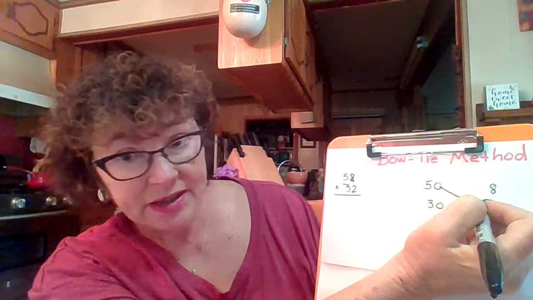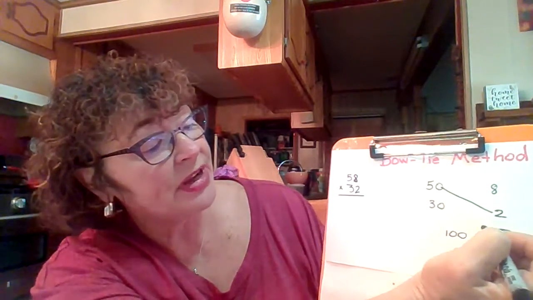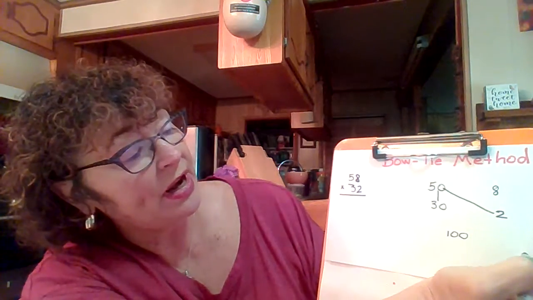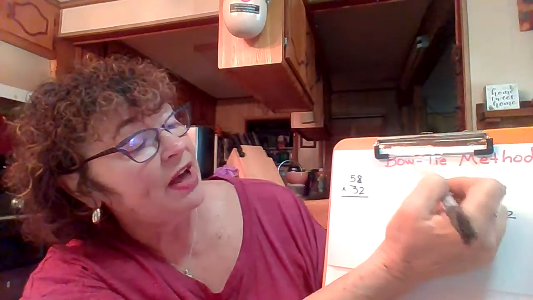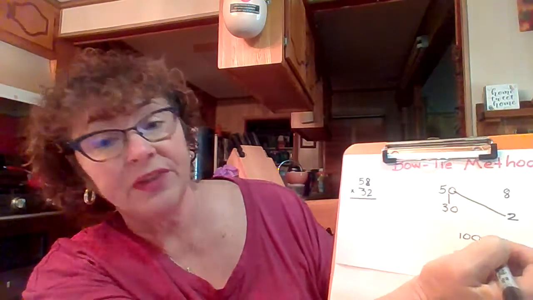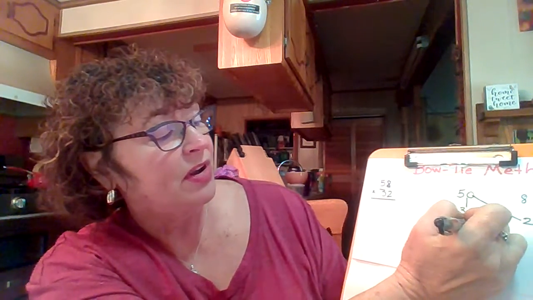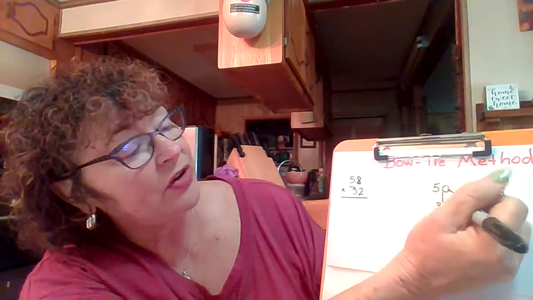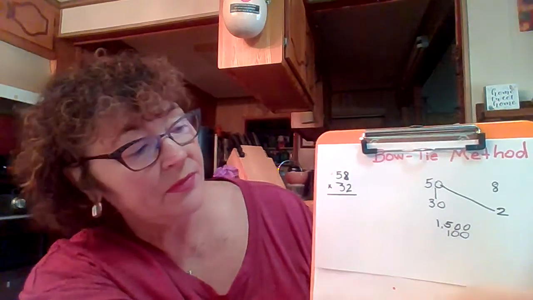Now, it really doesn't matter which order you do these in, as long as you don't forget any. So I'm going to go ahead and do this one and get another big one out of the way. 5 times 3 is 15. I'm going to write it up here since I forgot to do it first. So 5 times 3 is 15, and then you have to add on the 2 zeros. Okay.